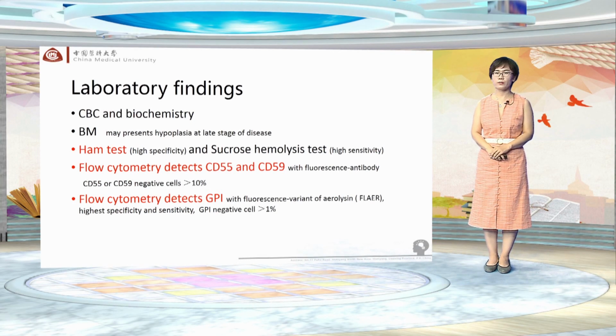Fluorescent aerolysin, usually called FLAER, is a reagent derived from the bacterial toxin aerolysin, which binds directly to the GPI anchor. Flow cytometry detecting GPI with FLAER has the highest specificity and sensitivity. It can detect as little as 1% of GPI negative cells.